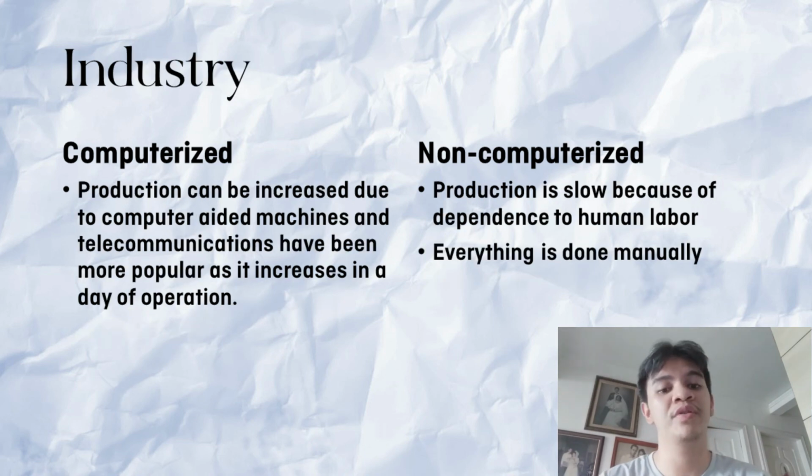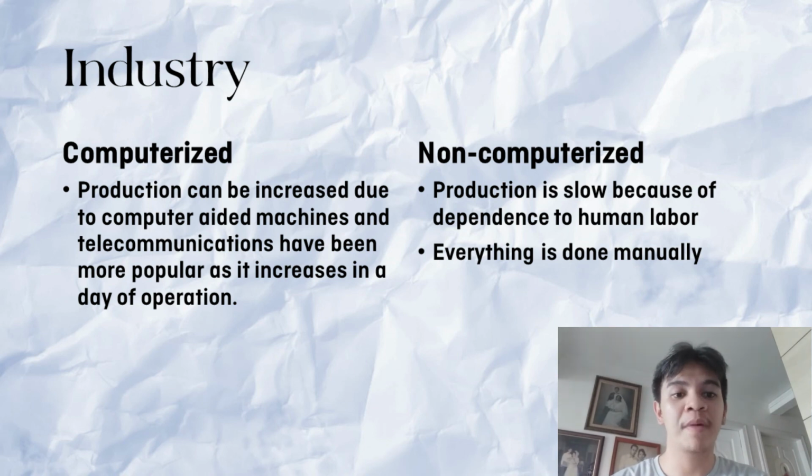So next is the industry. So before ICT has existed or has taken part in the industry, ang labor is very dependent upon humans and tanan is very manual. And also at the same time, ang production is very slow, kag very limited kasi ang tao mismo ang naga-create or naga-produce sang specific na products.